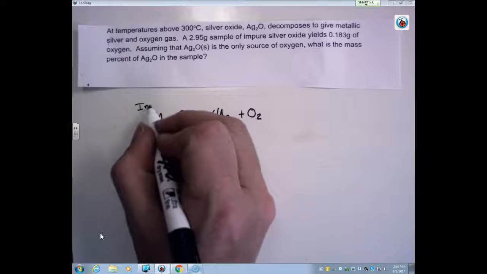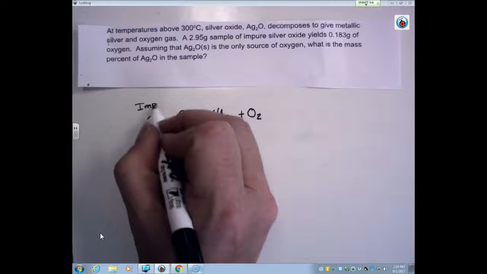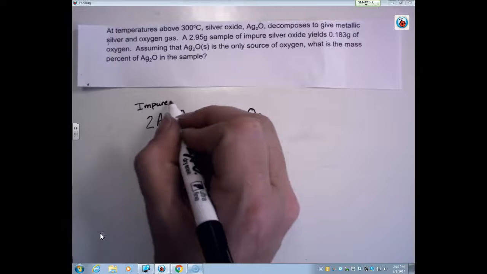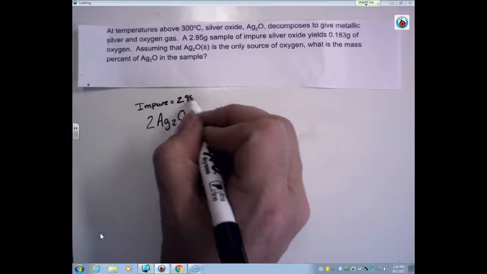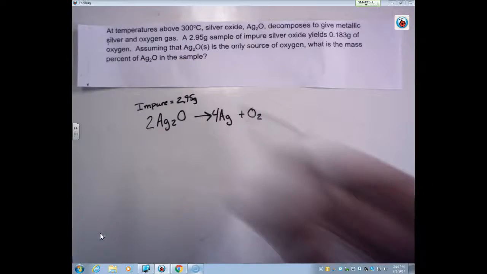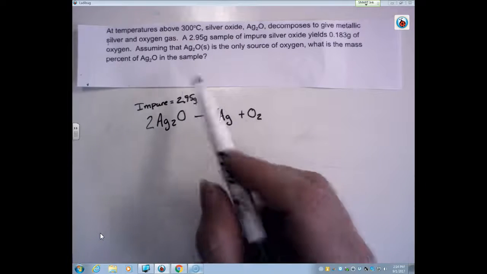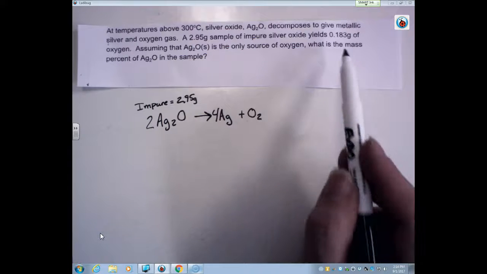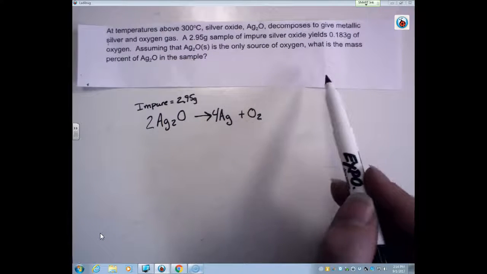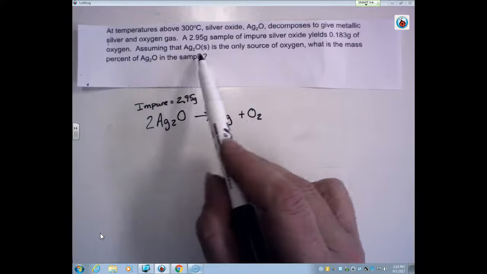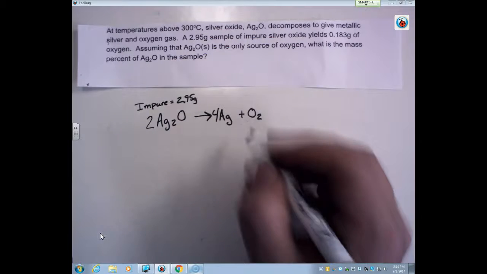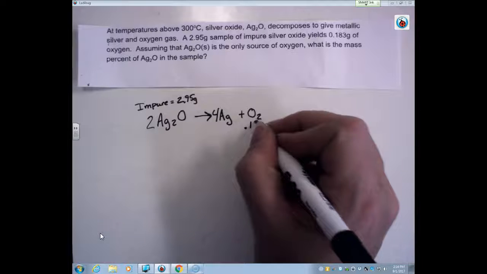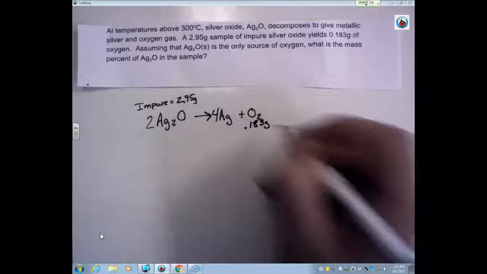I don't know what that stuff is. So I'm just going to write that it's an impure sample of this, and it's 2.95 grams. But they tell us that it produces this many grams of oxygen gas, and the silver oxide is the only source of oxygen. So this is how much oxygen is produced by that silver oxide.